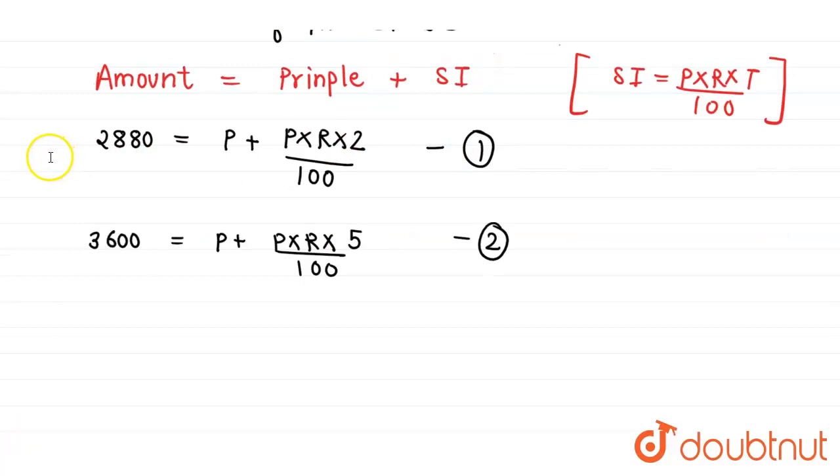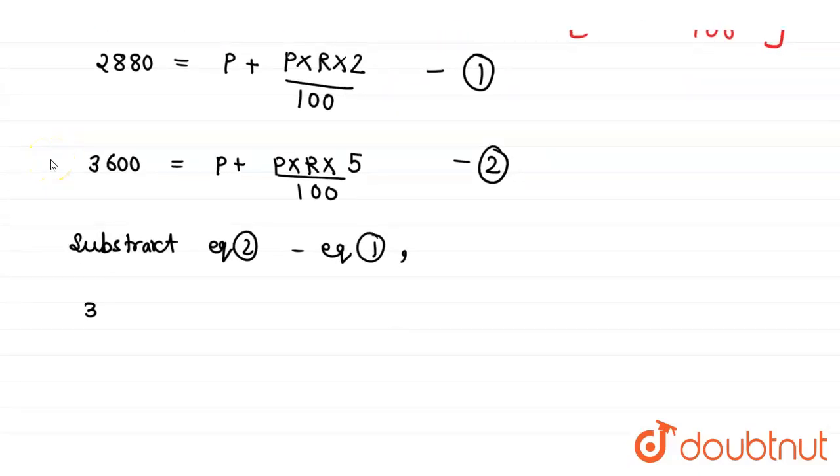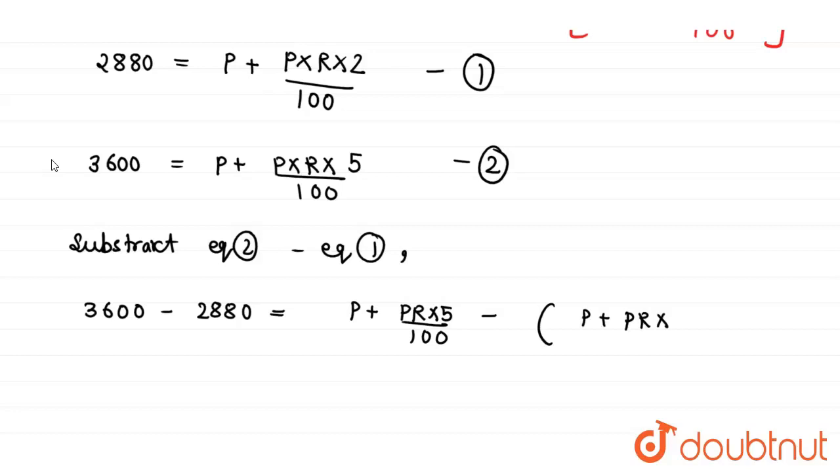Now what we will do, we will subtract equation 1 from equation 2. What we will get, 3,600 minus 2,880 is equal to P plus PR into 5 by 100 minus P plus PR into 2 divided by 100.